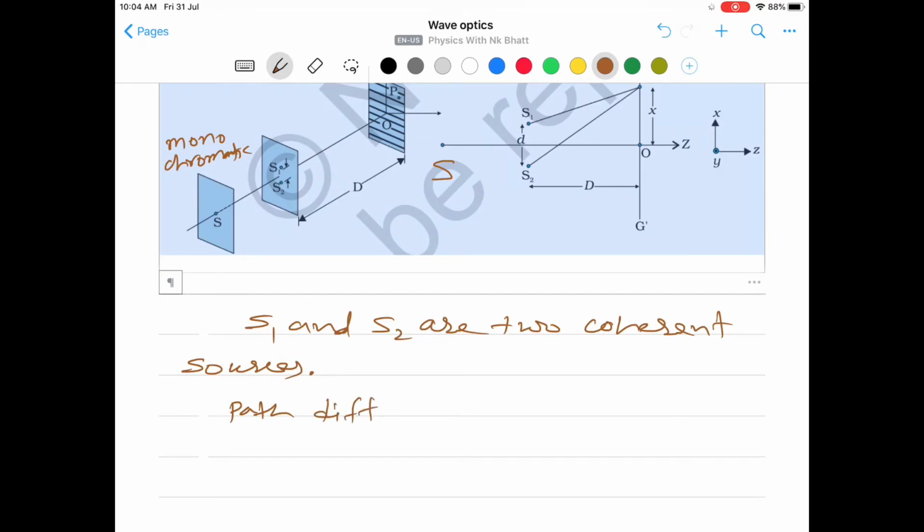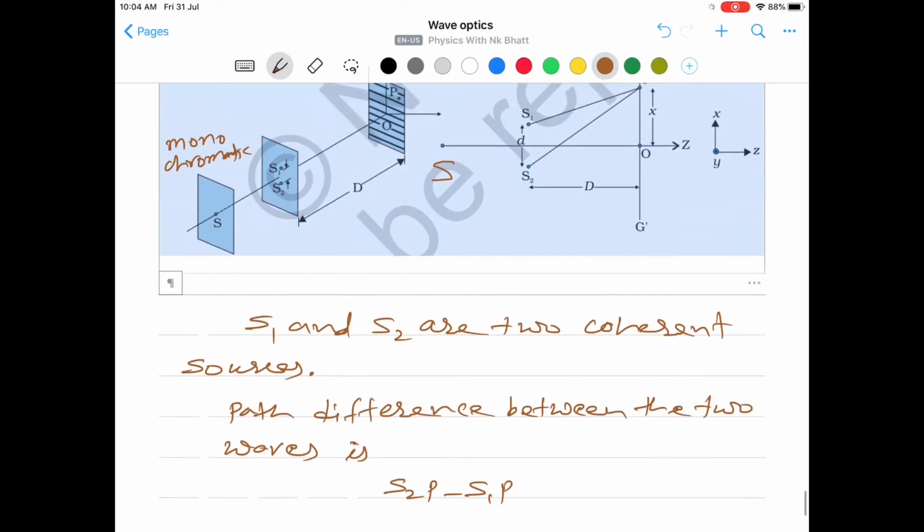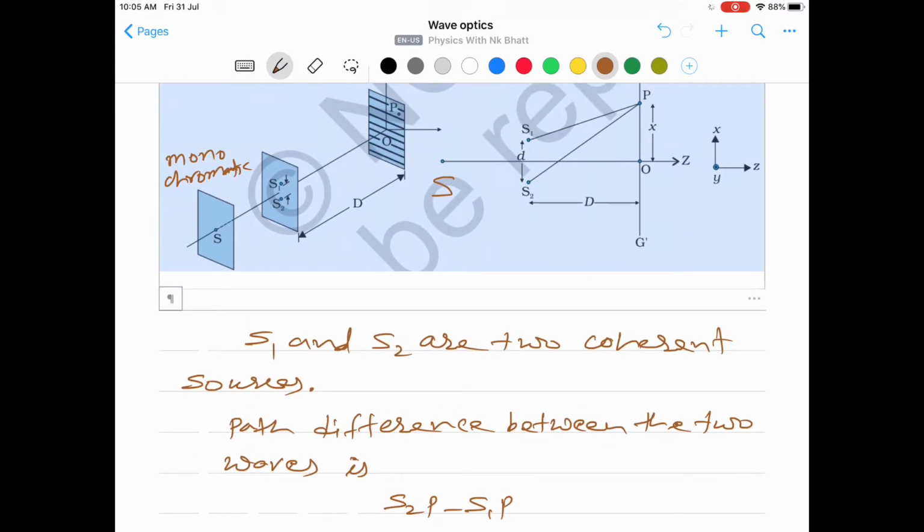The path difference between the two waves is S2P minus S1P. If you join this point, it is Q and this point is R.